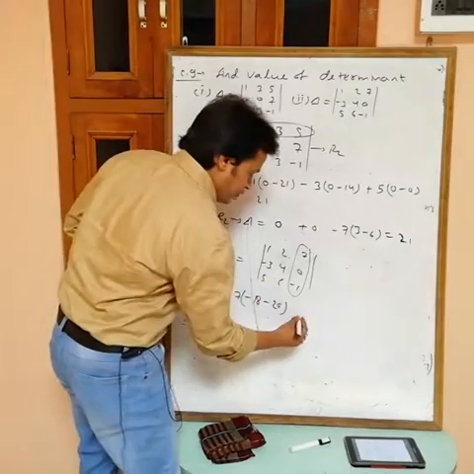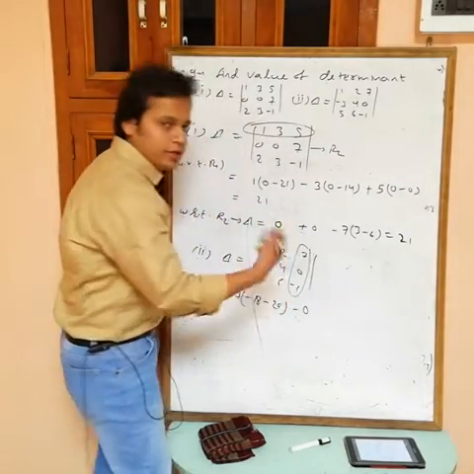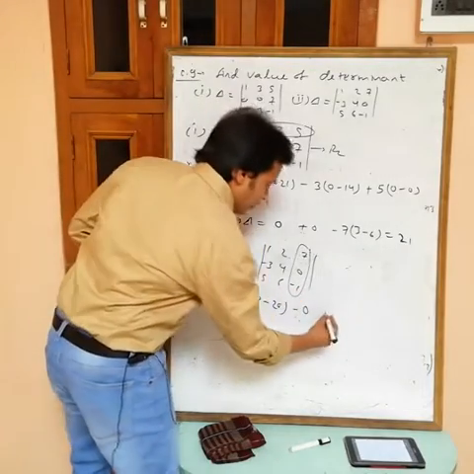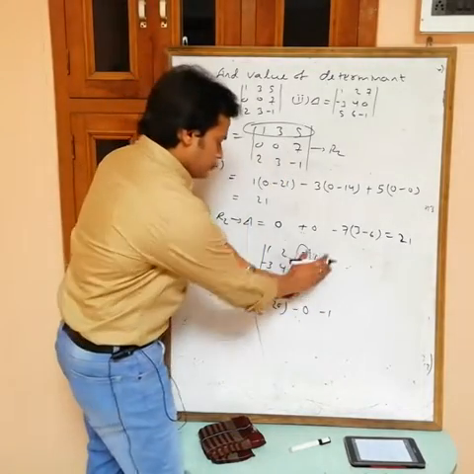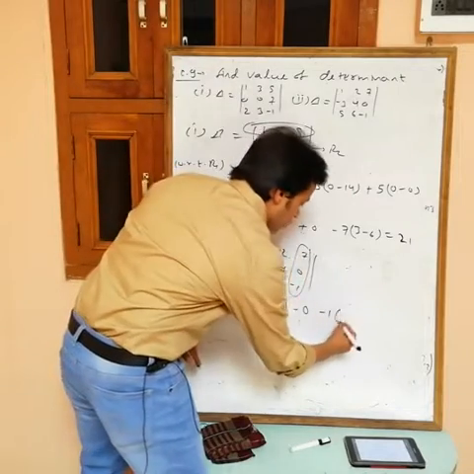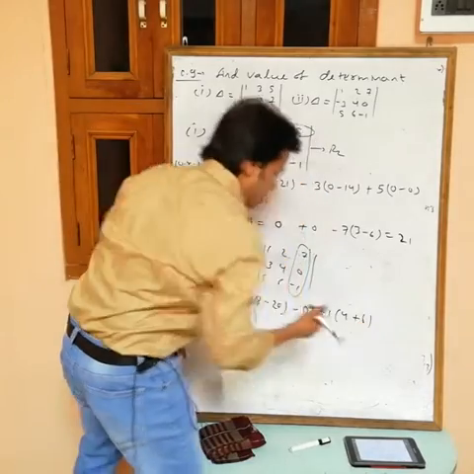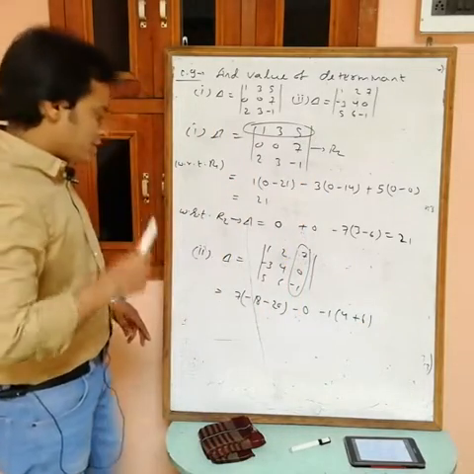Now for 0, take anything, it doesn't matter, 0 into anything is 0. Now for minus 1, hide the corresponding row and column, then 4 minus 6, and the minus becomes plus 6. Again decide the sign.